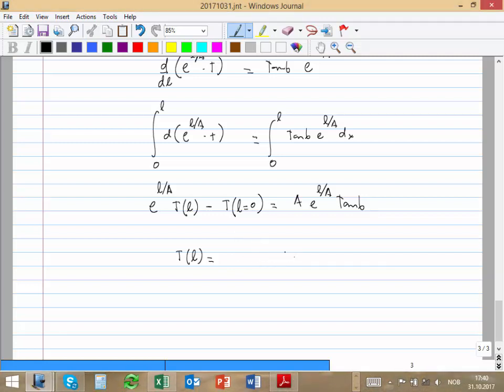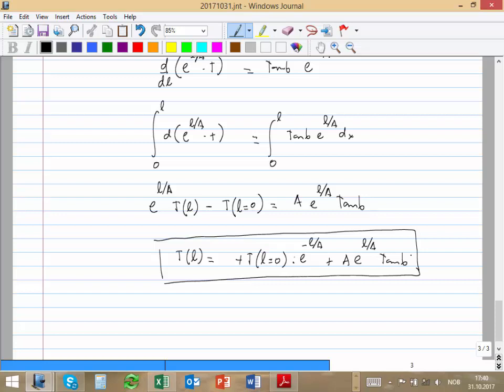Move this one to the other side, so I have minus T plus T. Okay? And then I can take as a common factor this e. Well, I can leave it like that. That's the expression for temperature along the pipe.